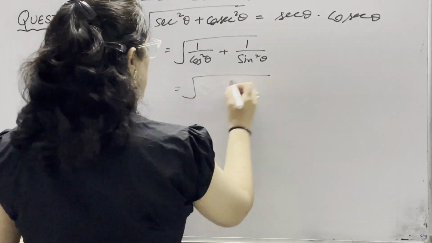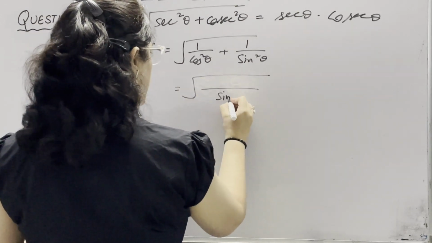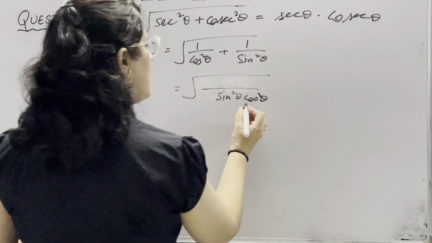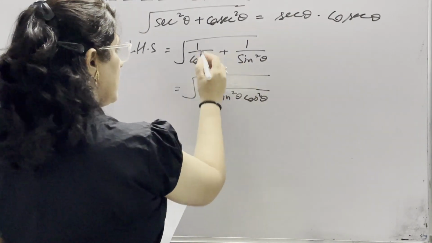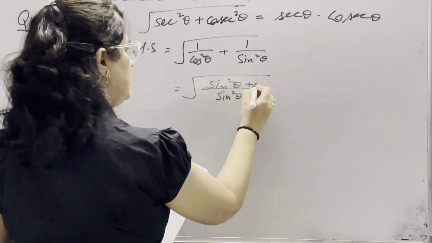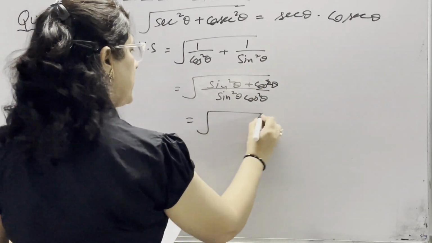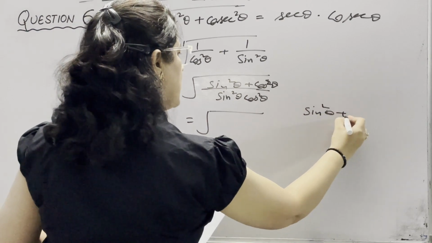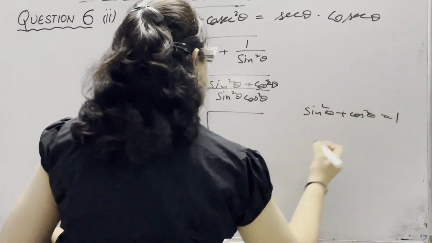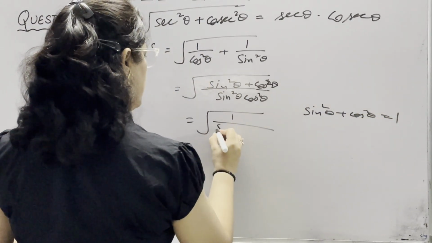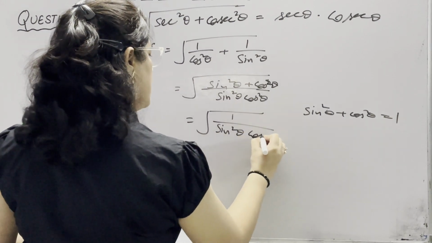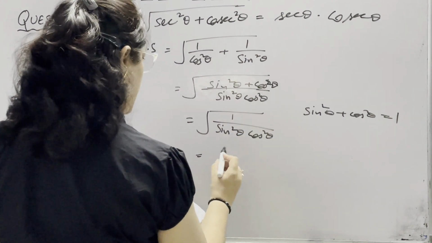It means taking the LCM, sin square theta and cos square theta. We know the identity, sin square theta plus cos square theta is equal to 1. So the numerator comes out to be 1 and in the denominator sin square theta and cos square theta are multiplied.